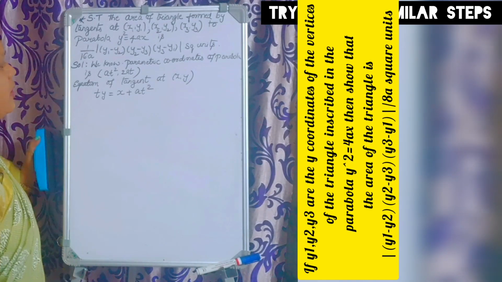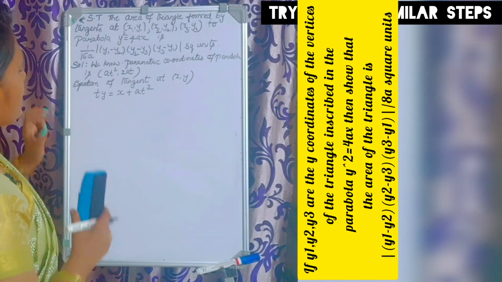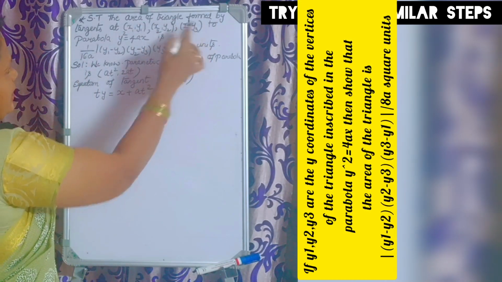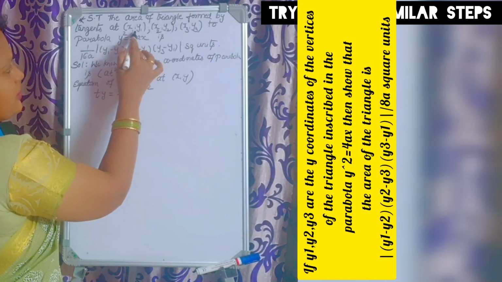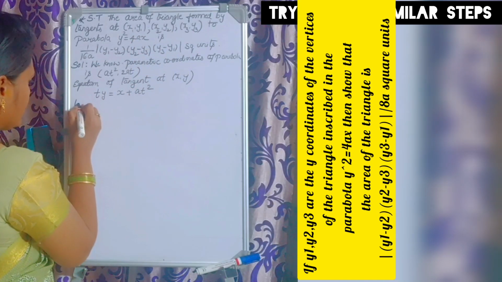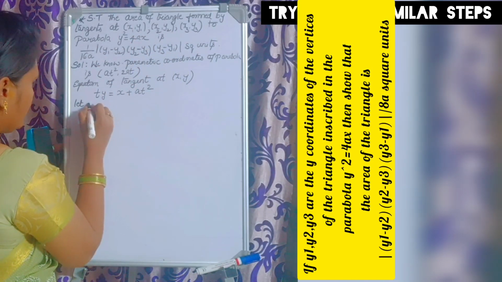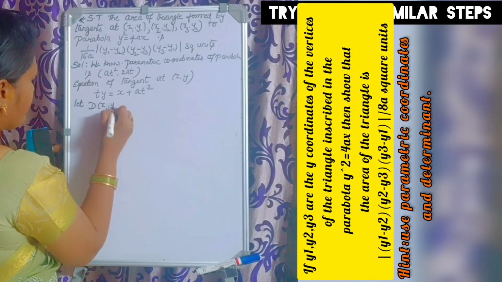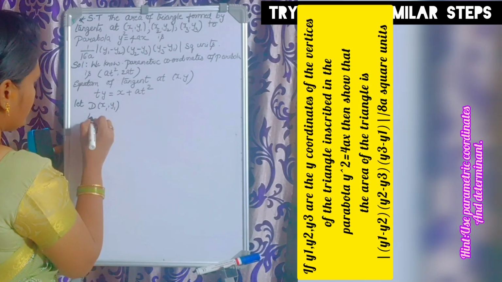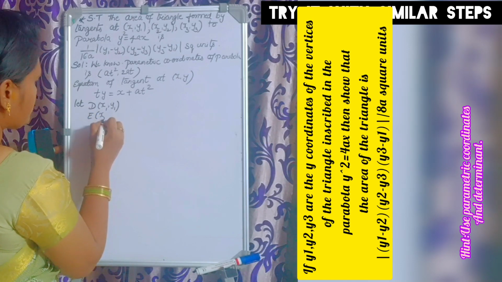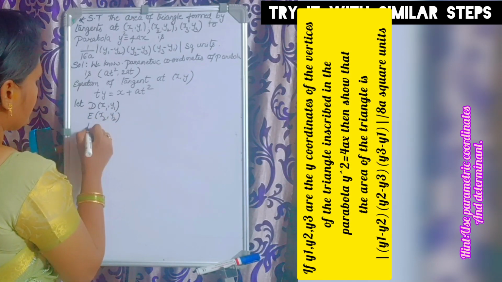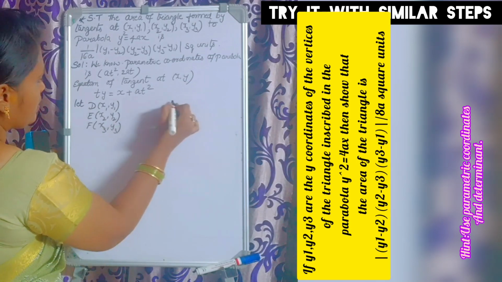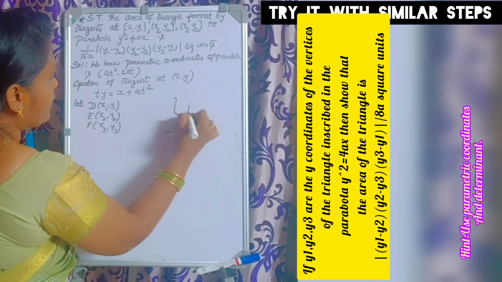Now they are saying the area of triangle formed by tangents at these points. Let D be x1 comma y1, E be x2 comma y2, F be x3 comma y3. Let these be points on the parabola.